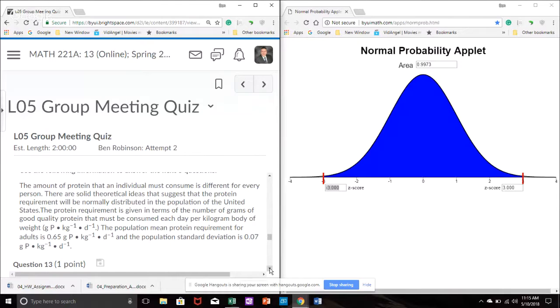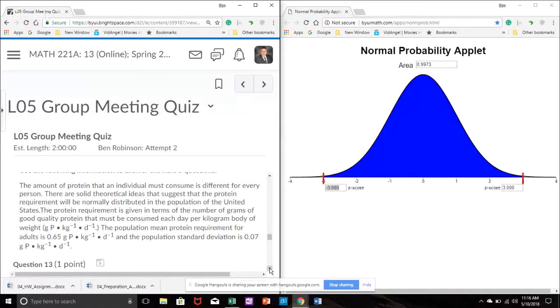The amount of protein that an individual must consume is different for every person. There are solid theoretical ideas that suggest that the protein requirement will be normally distributed in the population of the United States. The protein requirement is given in terms of a number of grams of good quality protein that must be consumed each day per kilogram of body weight.